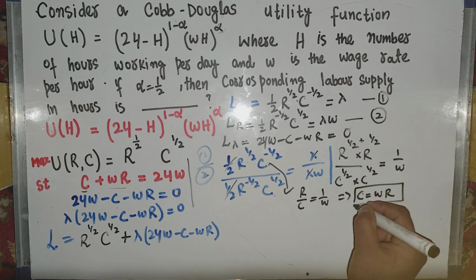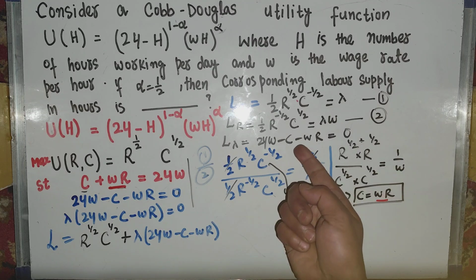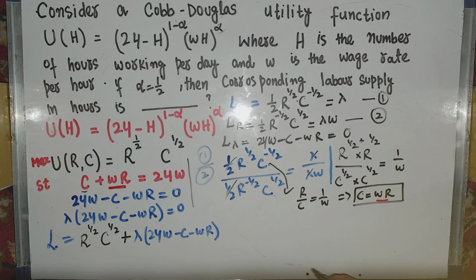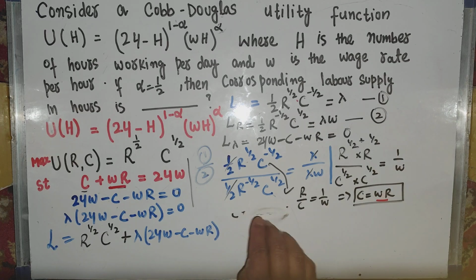Now what will we do? We plug this value, C is equal to WR, into the budget equation. For the sake of simplicity, let's do it here. So C plus WR is equal to 24W.